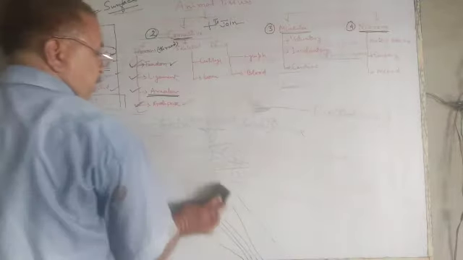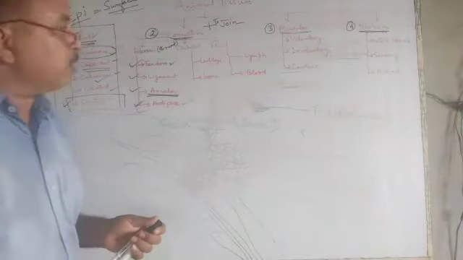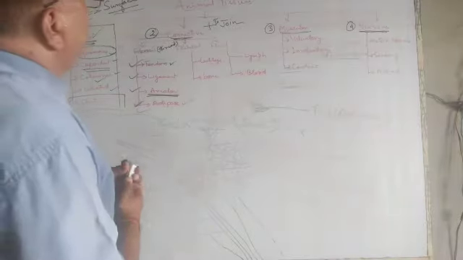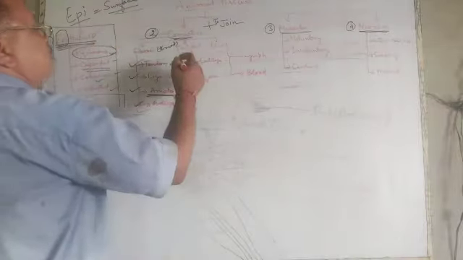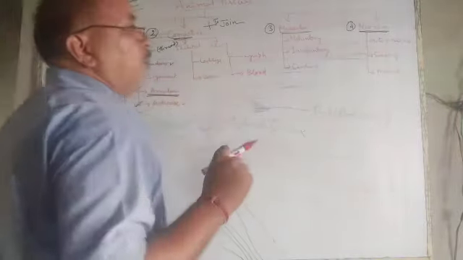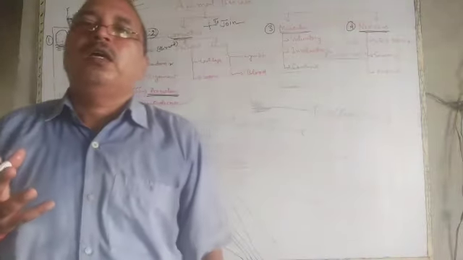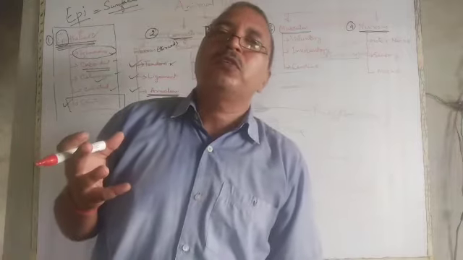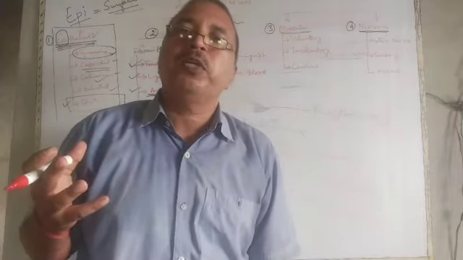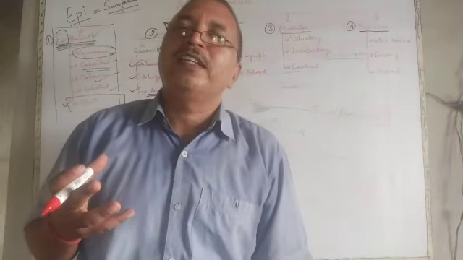So what is skeletal? As you know, you have already read in your previous classes about the skeletal system, right? So skeletal connective tissue means that which makes our skeleton. You know, when a baby is born, the number of bones in the body of a baby is 209.